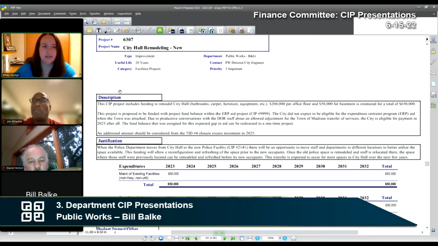Go ahead. That question is for, I don't know, maybe for Misty. Why are we using fund balance for this? So this is where we had expected to not qualify for the expenditure restraint program with the 2022 budget because of the town of Madison costs that we knew we were going to have to absorb.